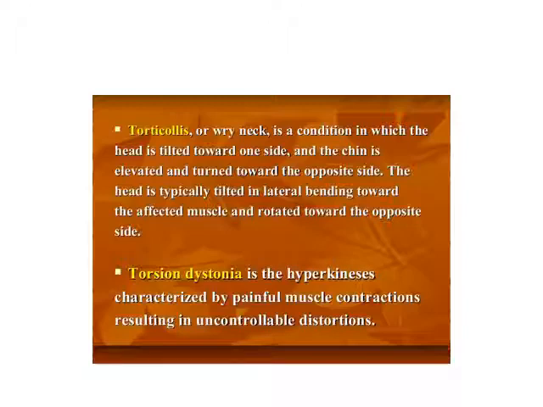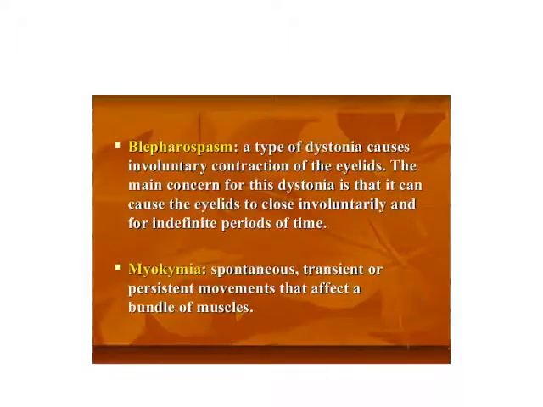We have also torsion dystonia. It's hyperkinesia characterized by painful muscle contraction, resulting in uncontrollable distortions. It can affect any muscle of the body. We talked about blepharospasm, which is painful contraction of the muscles around the eye.